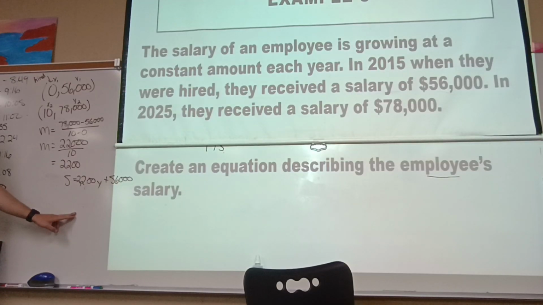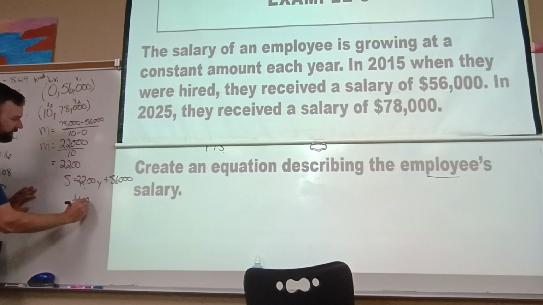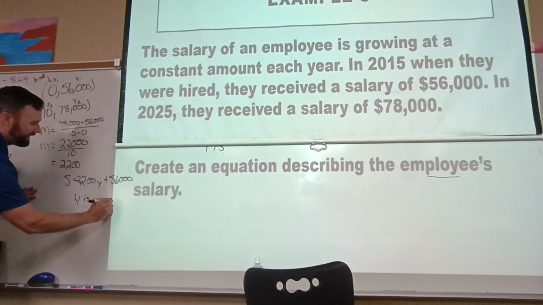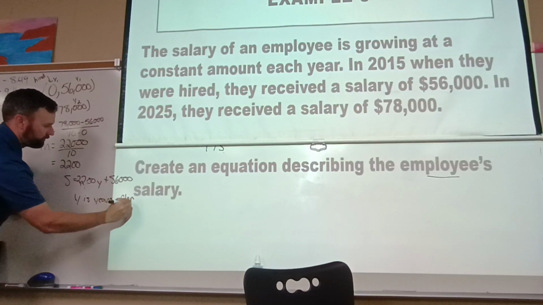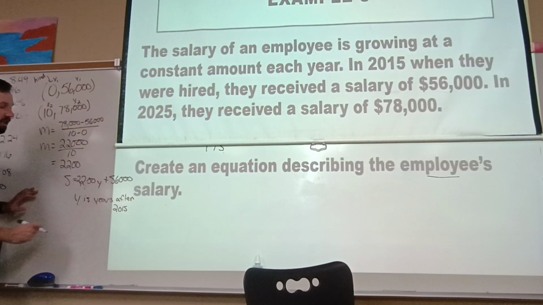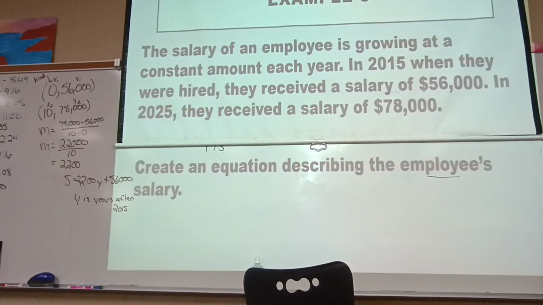Plug in numbers and figure it out, right? So now I'd have to say x is years after 2015. Does that make sense? So I do have to add that to it if I write the formula. But even if you did this the long way, you get the same slope, you get a different intercept. Thanks, guys. I just want to finish that. We're so close.